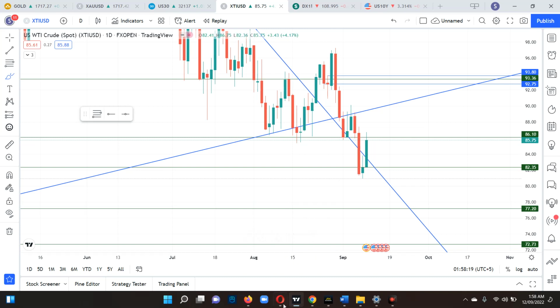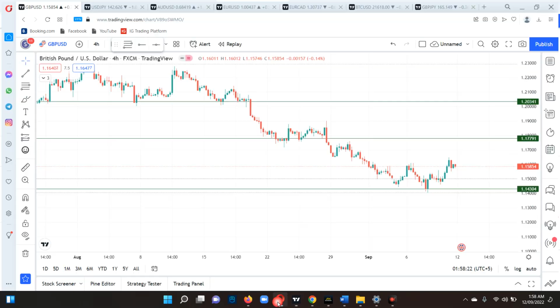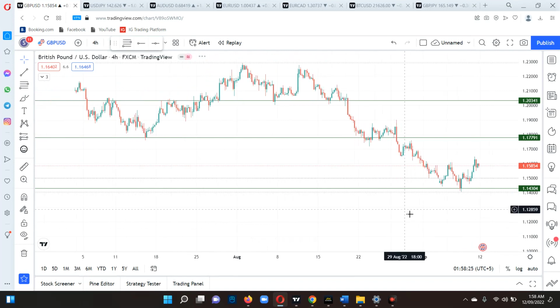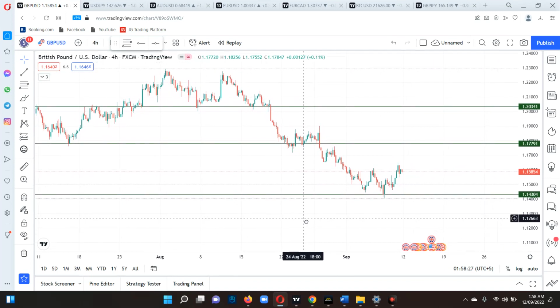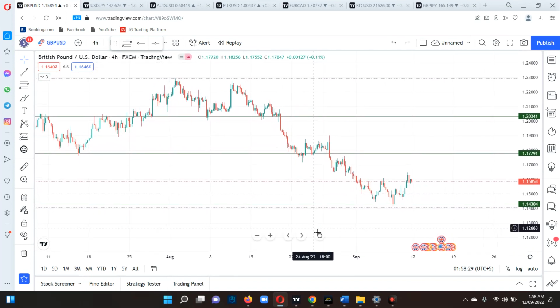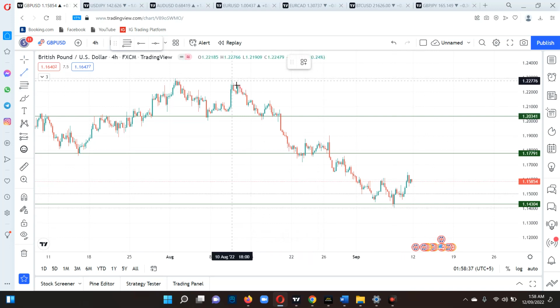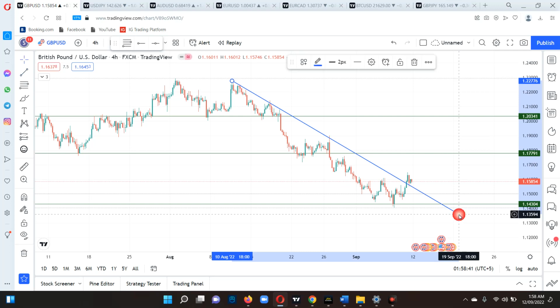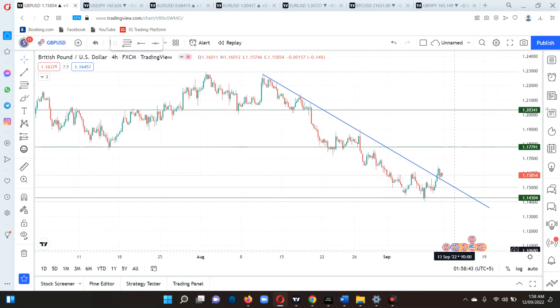Now let's move towards GBPUSD. A lot of people are saying to me, sir, kindly give us the analysis of GBPUSD, and this week would be a very volatile week for GBPUSD. I have drawn some levels on GBPUSD for trading. Right now I can see this is the particular momentum and this is how GBPUSD is running.